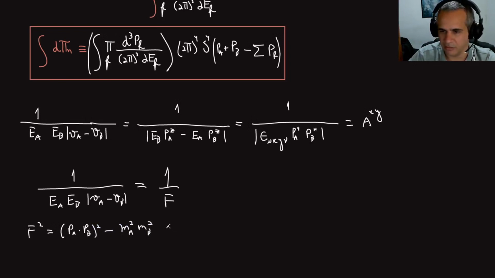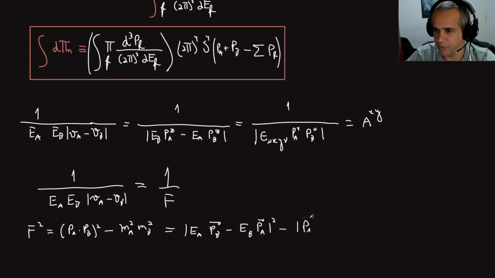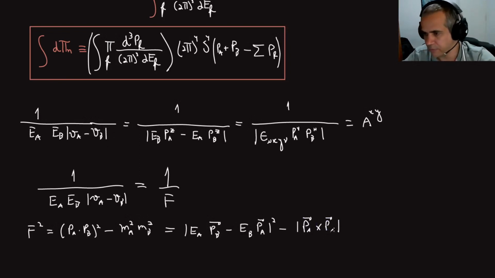Which you can easily show that you can write like (E_A P_B - E_B P_A)² minus (P_A cross P_B)², right?